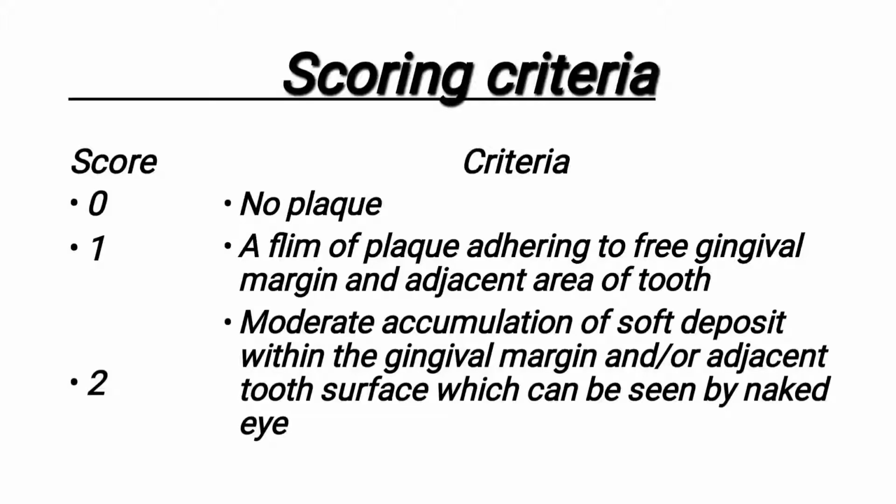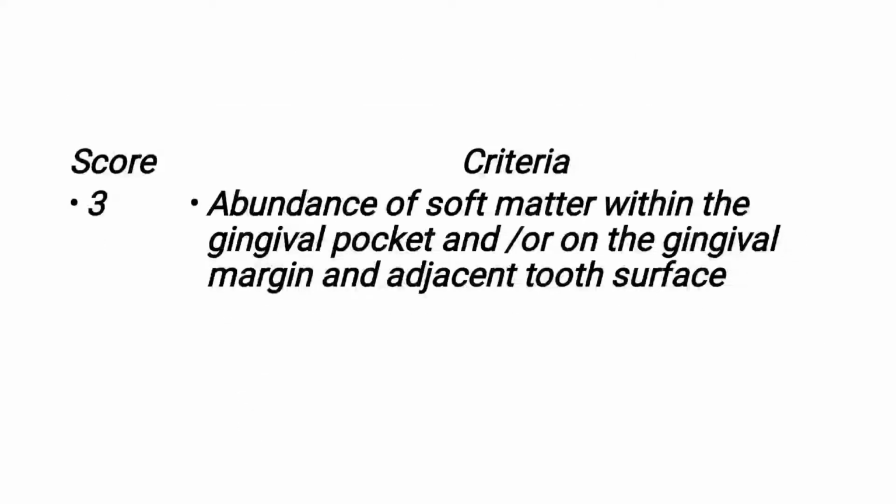Okay. 1 means a film of plaque adhering to the free gingival margin and adjacent area of the tooth. 2 means moderate accumulation of soft deposit within the gingival margin at or adjacent tooth surface, which can be seen by our naked eyes. 3 means abundance of soft matter within the gingival pocket and or on the gingival margin and the adjacent tooth surface.